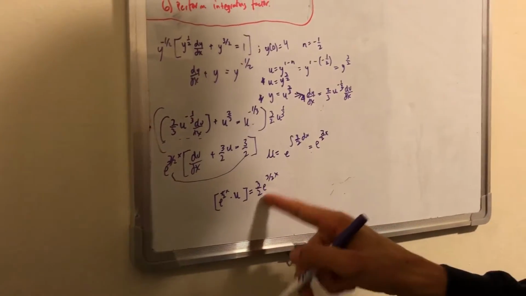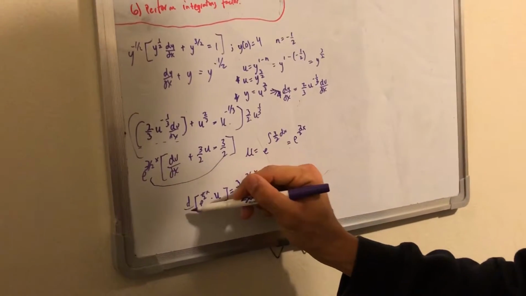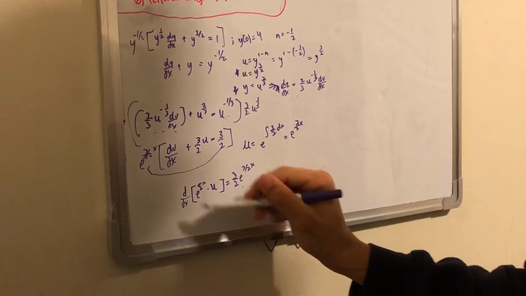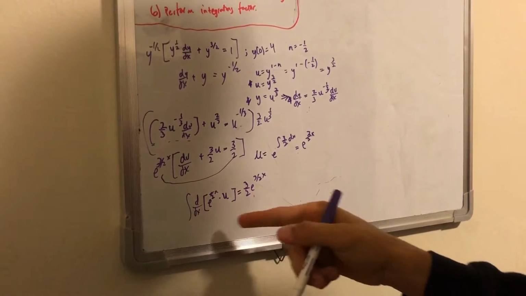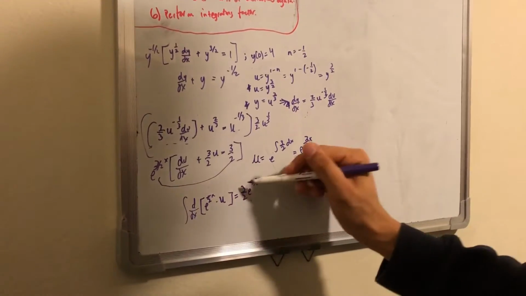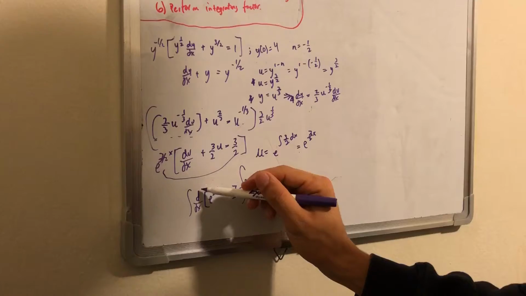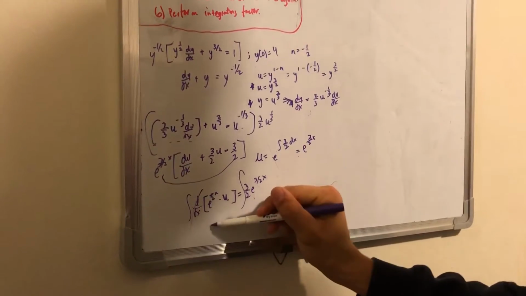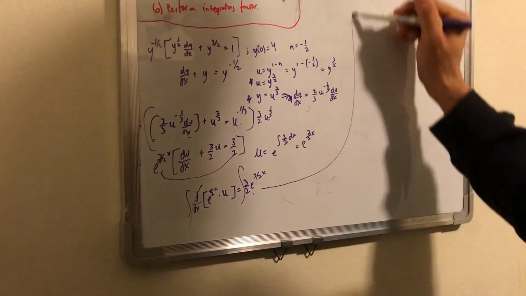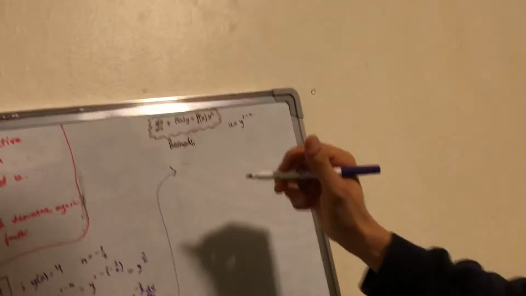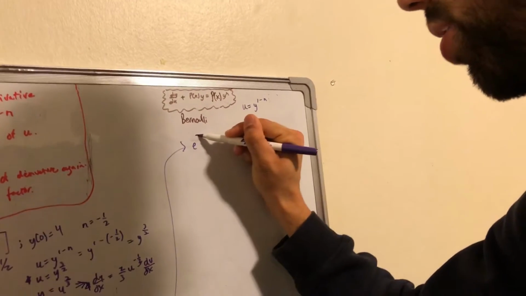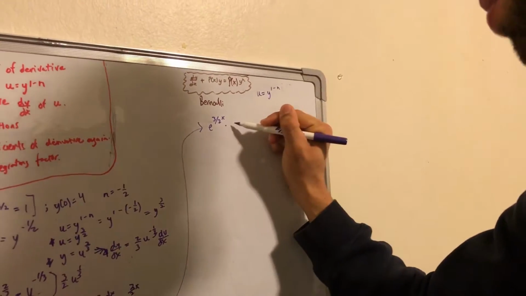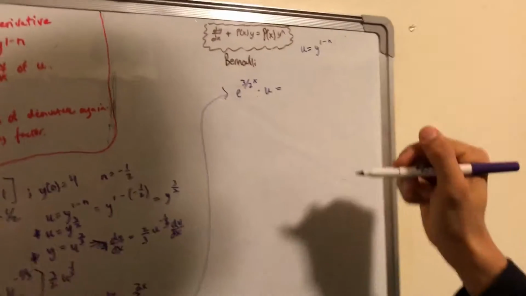Now I'm going to take the integral of both sides, and because this is d/dx, the integral of d/dx on both sides, we know from Calc 1 that these two right here cancel each other out. Rewriting up here, I'll have e to the 3/2 x times u is equal to this integral down here. You can point the camera down here.